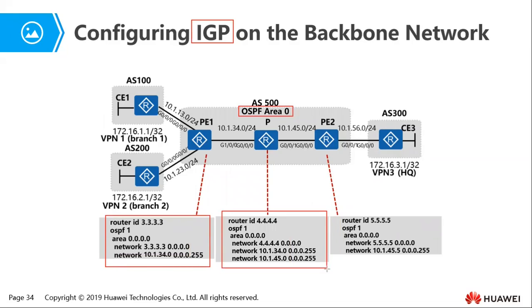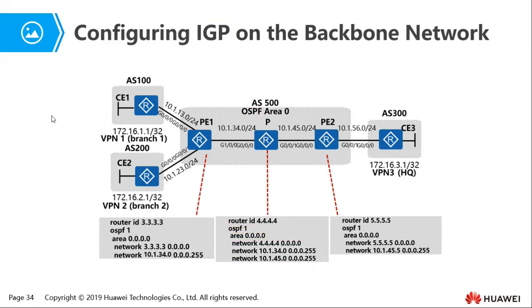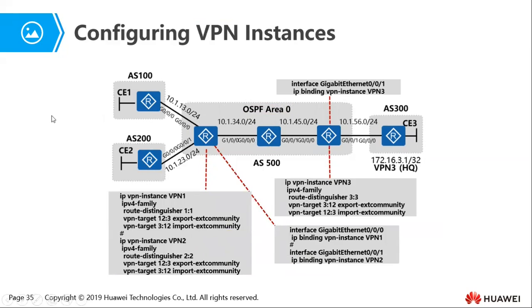For example, I can pick this one here, the provider device. We're simply configuring it with the router ID, OSPF 1, area 0. Then we advertise all the networks that are attached to it, and also the loopback interfaces like 4.4.4.4. So that is how we configure the IGP. I'm sure you've done that a number of times.